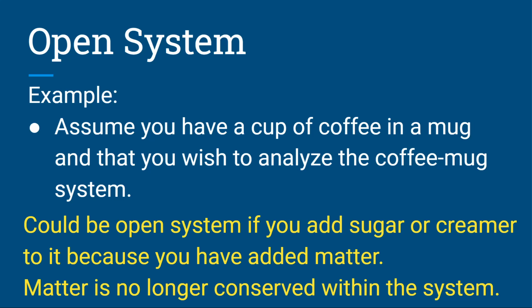We could consider this to be an open system where we could add sugar and creamer to our coffee, and in that case it would be open because we just added matter to it. So we no longer have conservation of mass, or we don't necessarily have conservation of energy if heat is able to leave our mug and warm up the air around it.